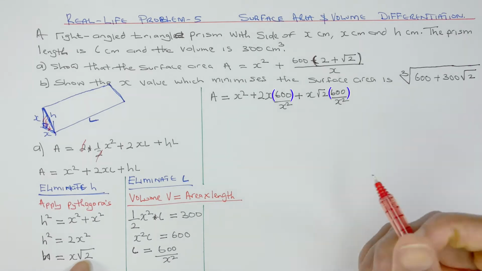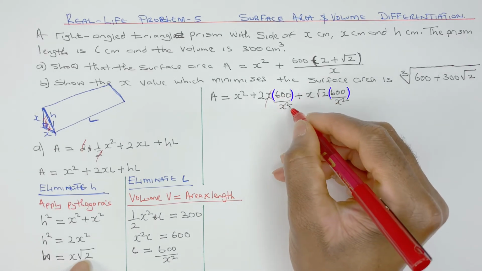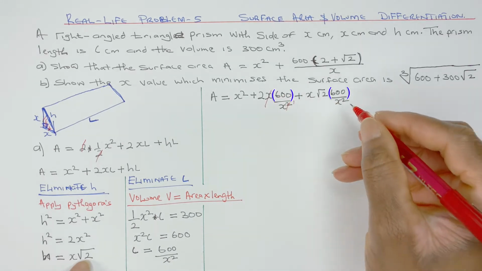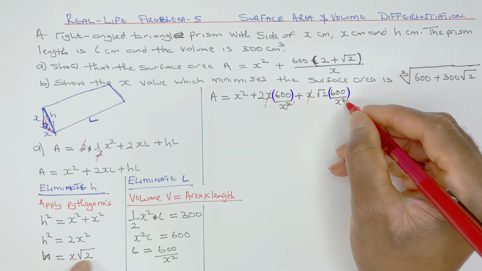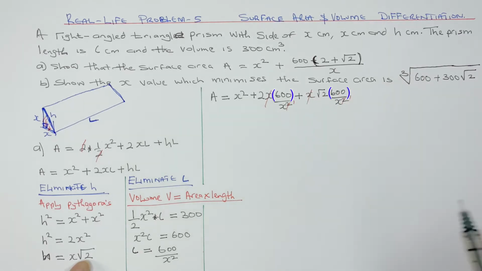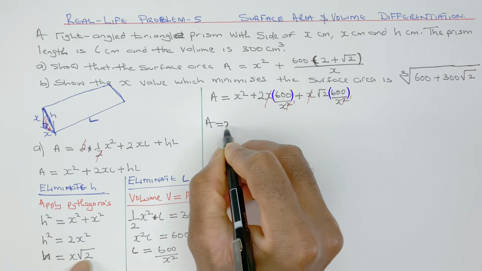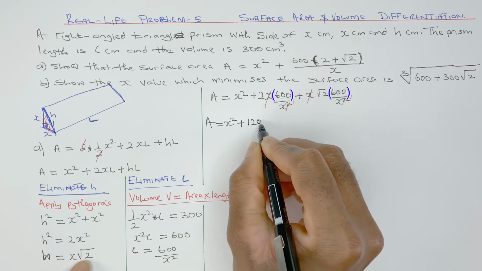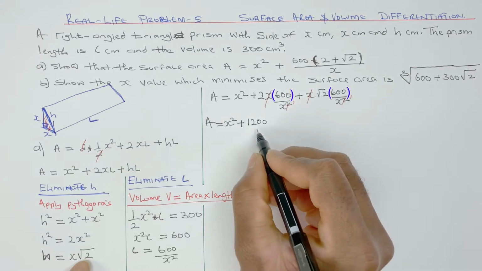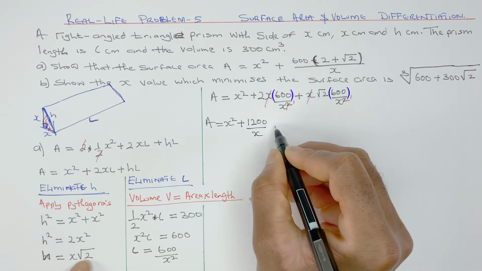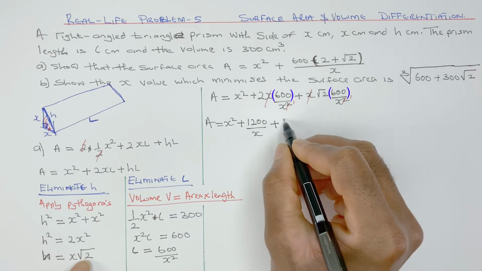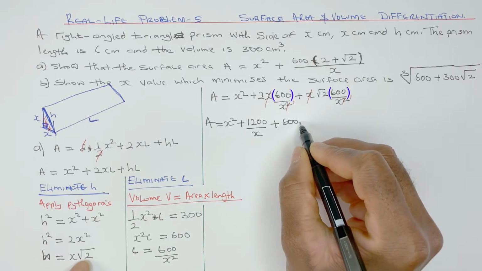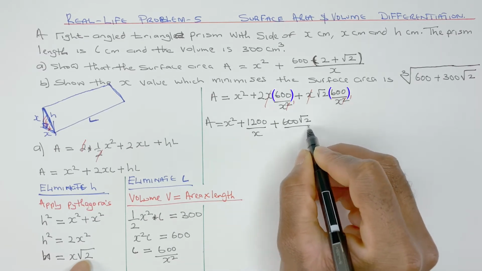But there's a common factor here. One x cancels, and another x cancels. So now A equals x squared plus 1200, that's 2 times 600, over x, plus 600 root 2 over x.